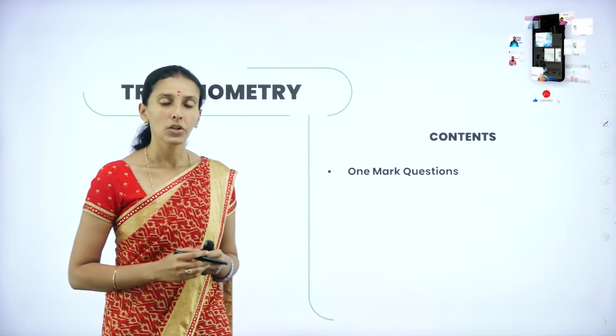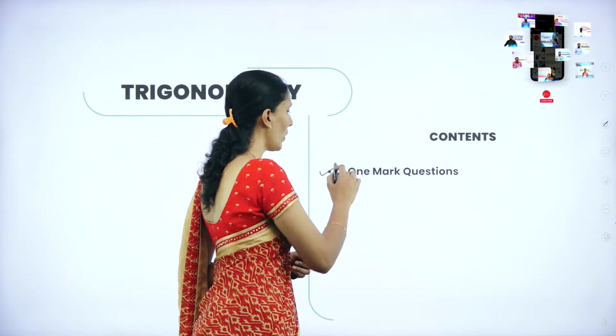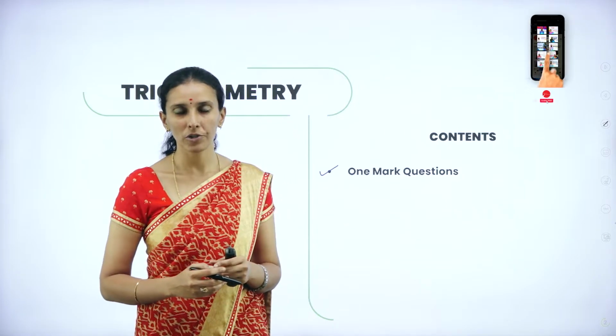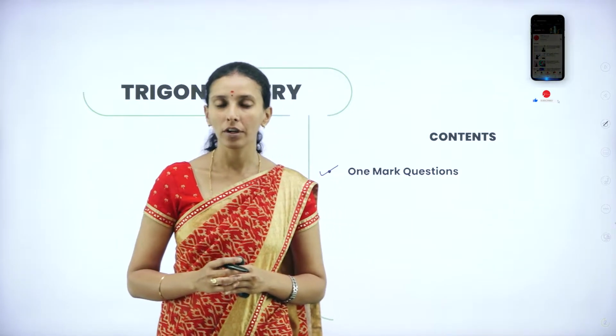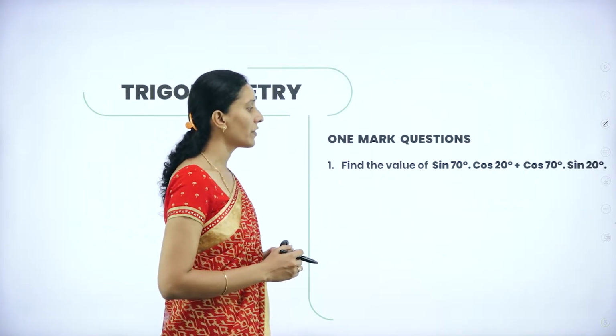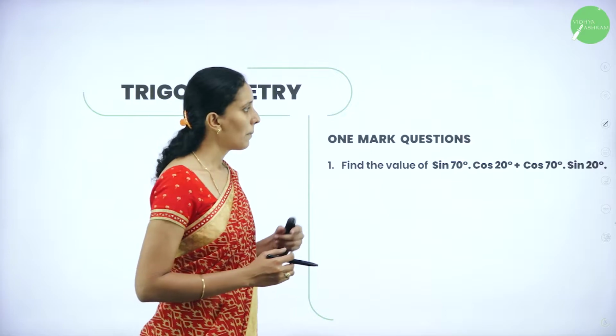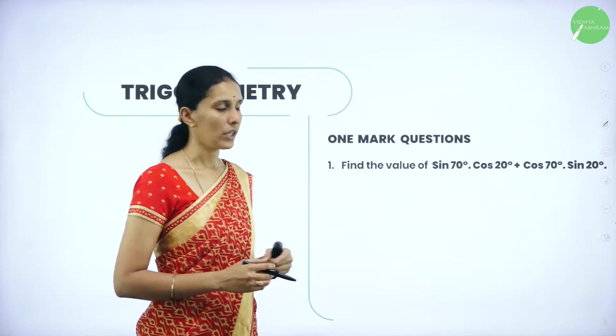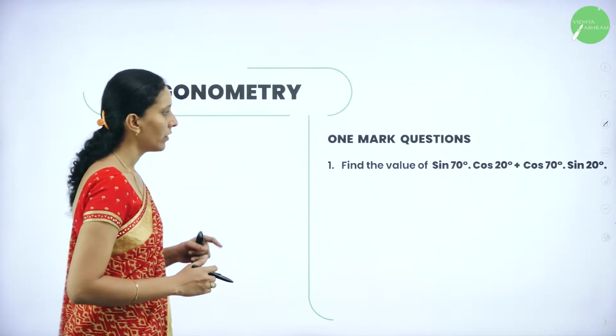So in this session, we will be dealing with the 1 mark questions related to the trigonometric angles, also important for your examination. The very first question is, find the value of sine 70 cos 20 plus cos 70 sine 20, where you will get these type of angles.